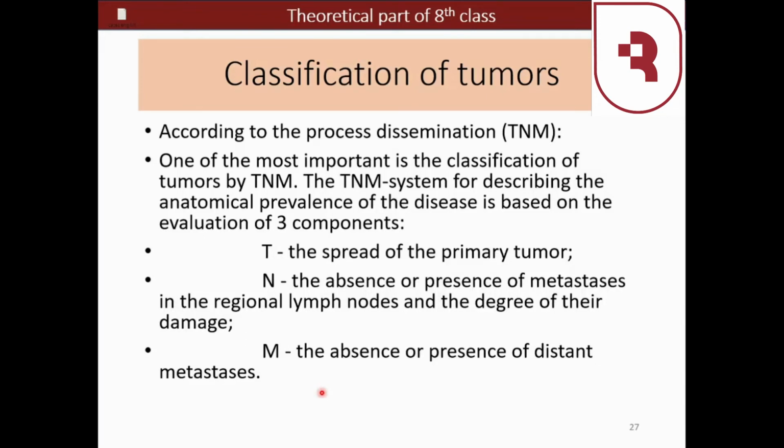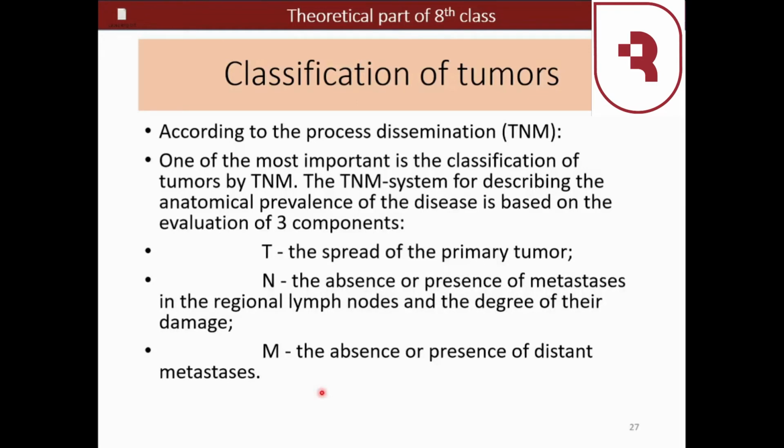The letter N means the absence or presence of metastasis in the regional lymph nodes and the degree of their damage. And the letter M means the absence or presence of distant metastasis. The letter M could be X, 0, or 1. In case of X, we didn't find any areas of metastatic process.